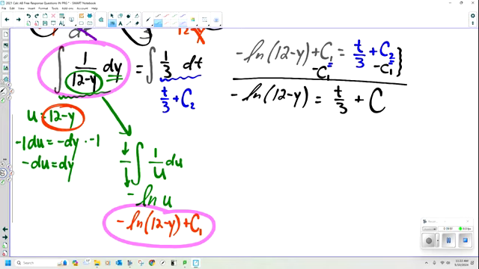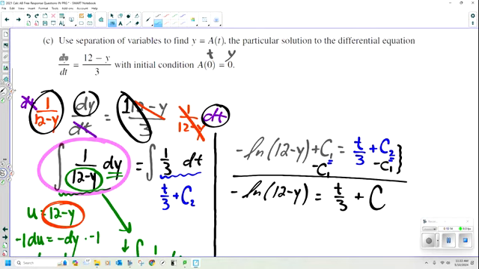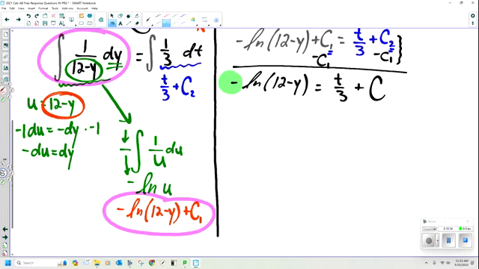Okay, kids. Now, this is the part that I have to sometimes explain to my students. Before I put in this initial condition, I'm going to get rid of this negative sign on the left side of the ln. And this is the part that I have to sometimes explain. But once I say it 1, maybe 2 times, kids start to get it. I should say students, because they're almost not kids anymore.